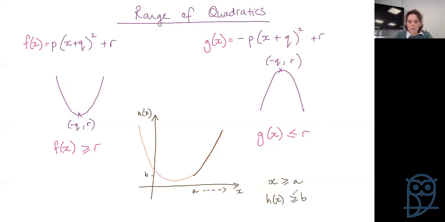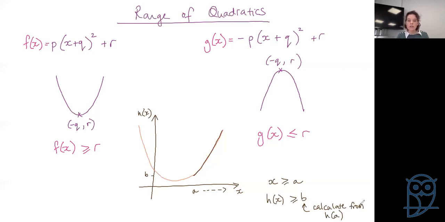Right, so what is that value of B? Well, what's really funky is, this is calculated from h(A).